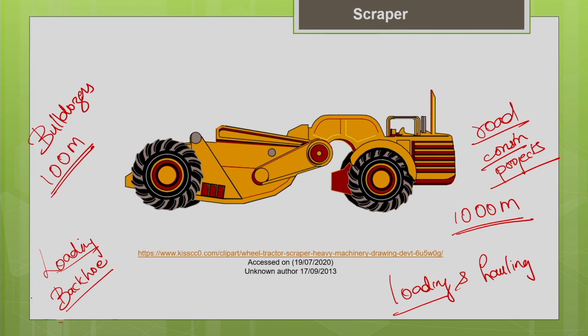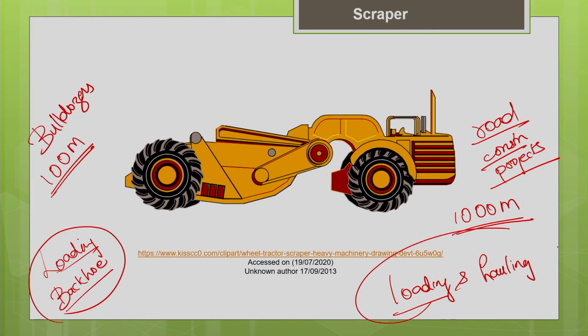What I am trying to say here is that there are certain machines which are very good in loading, but their mobility is less. That means they are not good in hauling, so they have a haul distance of maybe less than 50 meter or less than 100 meter. But there are certain machines which are very good in hauling, like your trucks, but they are not good in loading. The scraper is something between loading and hauling.